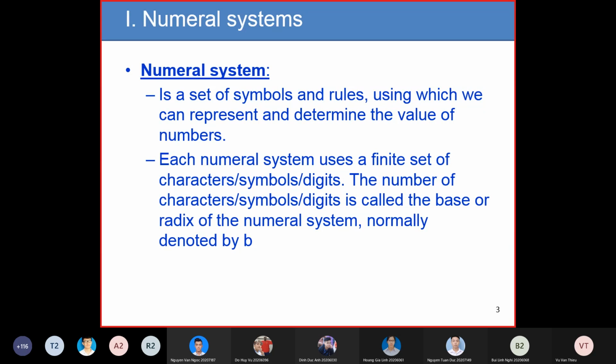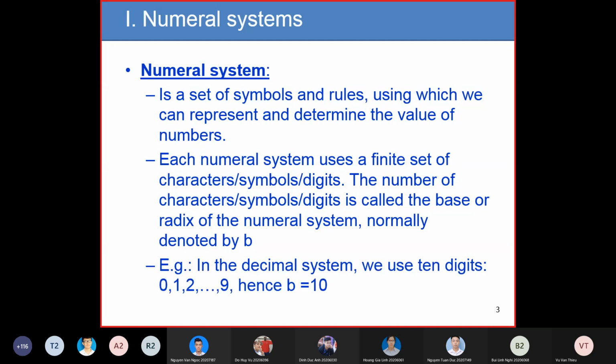For example, the numeral system we use every day is the decimal system. In the decimal system, we use 10 digits from 0, 1, 2, 3 until 9. Hence, the base of the decimal system is 10.